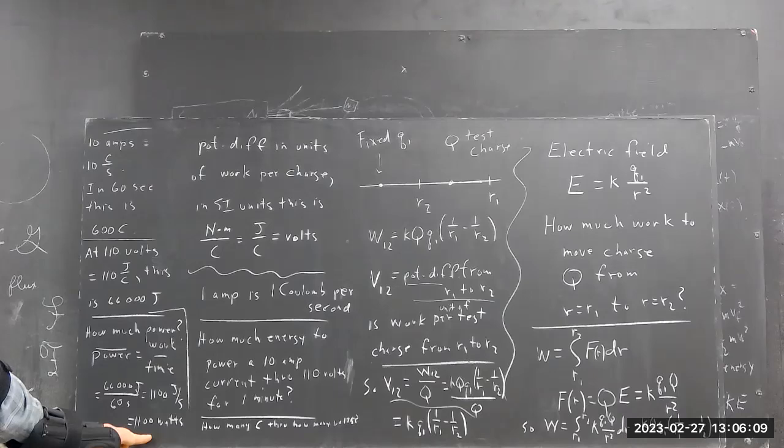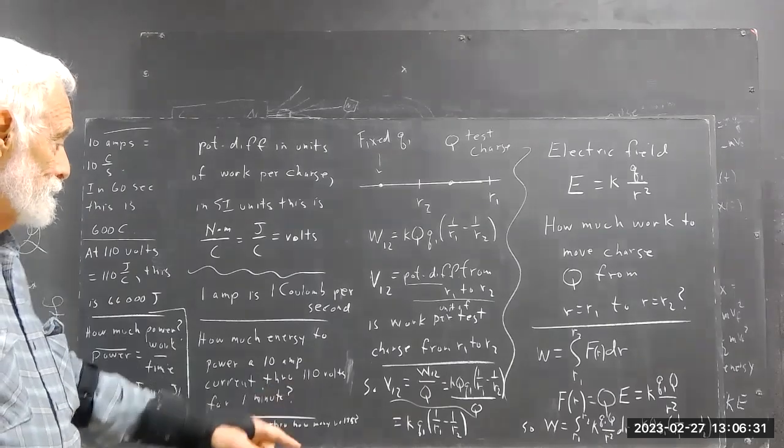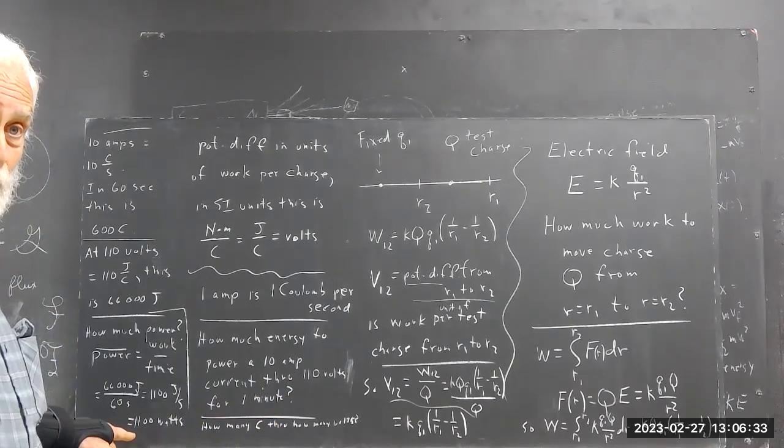I checked a couple of years ago. 1,100 watts. Okay. You pay about 15 cents per kilowatt hour, 1,000 watts for an hour. Okay. And this is just a little over 1,000 watts.